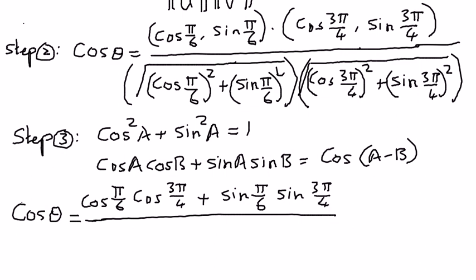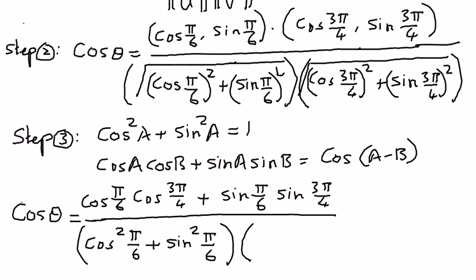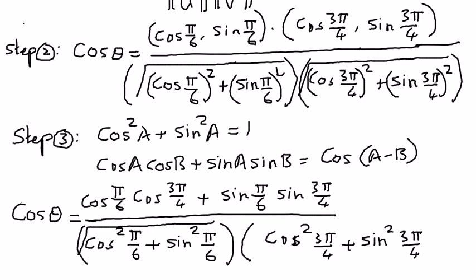And in the denominator, we have cosine pi over 6, the whole squared, written as cosine squared pi over 6 plus sine squared pi over 6. That is one part, under the radical symbol. And the second part is cosine squared 3 pi over 4 plus sine squared 3 pi over 4, and all of this is under the radical symbol.